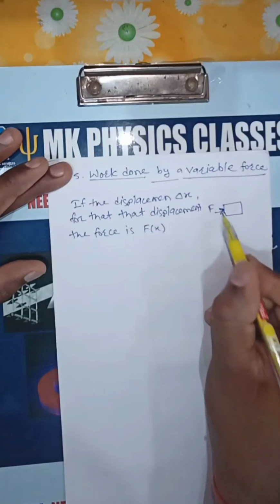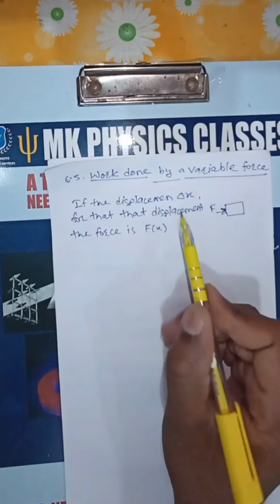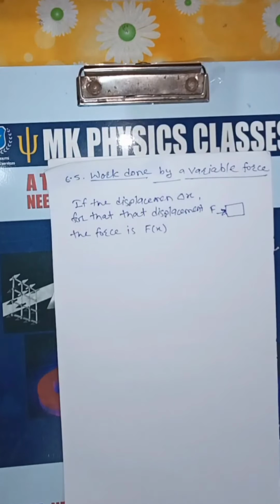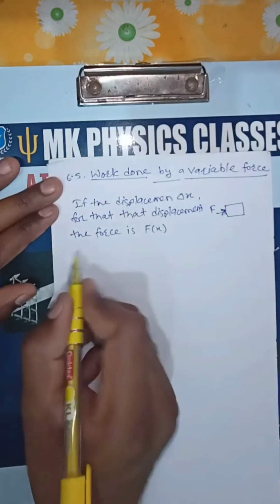Means we have to apply the force Fx, then the body will be displaced. That displacement is delta x. Whatever delta x will be the displacement, to do the delta x displacement, whatever force is applied, we say that force is Fx.